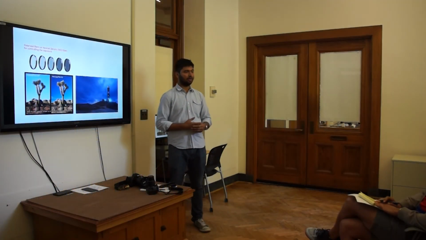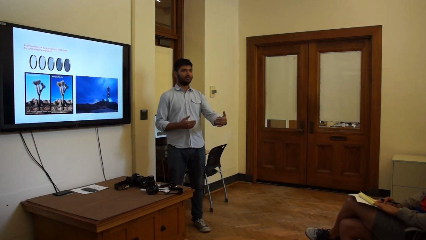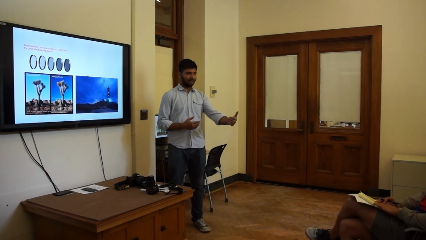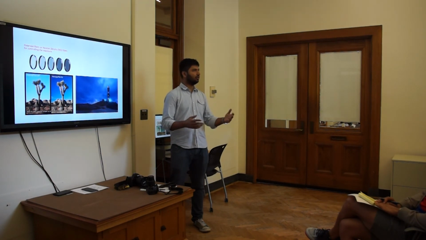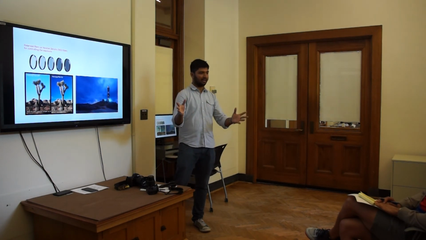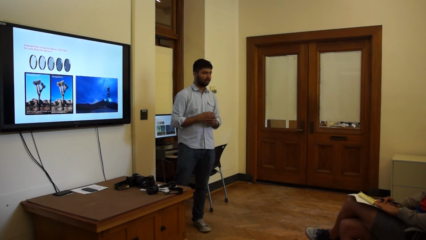For example, if you're shooting in bright daylight and you have set the aperture to its maximum and you want to do a longer exposure, say you're shooting a building with people around it, and you want to capture the movement of people. So you would want a longer exposure.